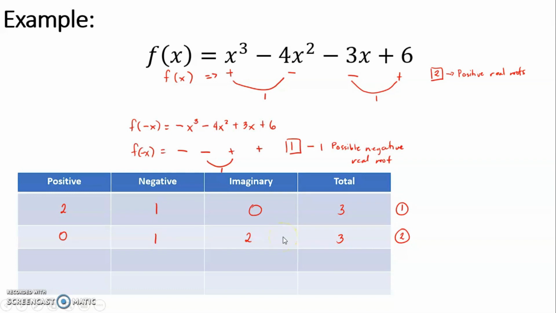Okay, then after getting the combinations of positive and negative real roots as well as the imaginary roots, we can now solve for the zeros of this particular function.